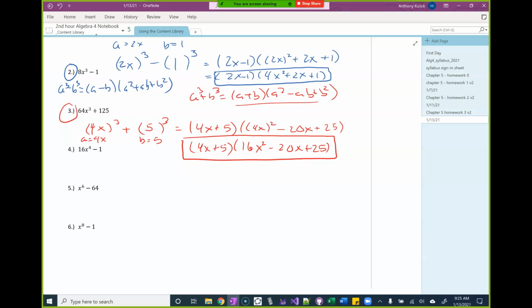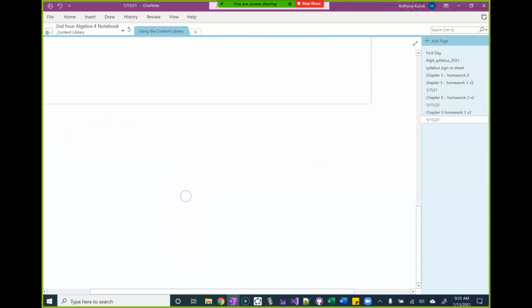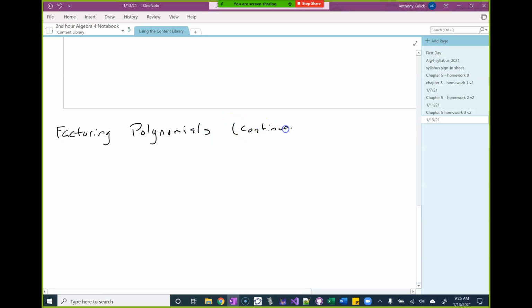Okie dokie. So today, we're going to kind of continue talking about factoring polynomials. We're not going to add any more content to this idea today. I'm just going to do some more practice on factoring these polynomials now that you had a chance to practice a little bit on your own and have maybe a little bit more familiar with that factoring tree.